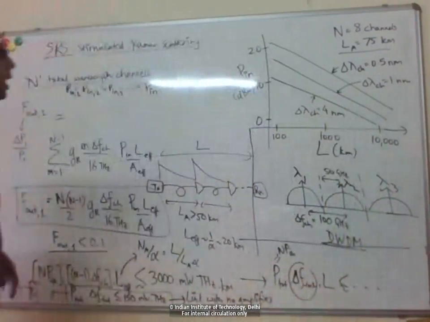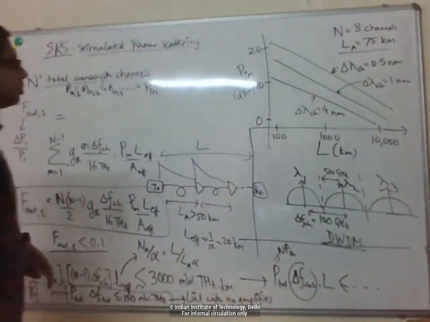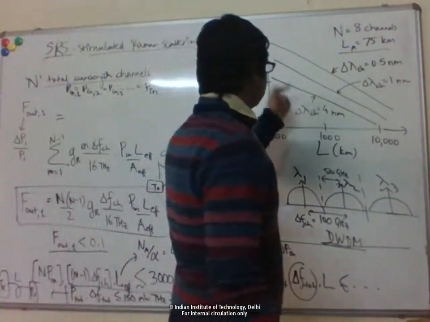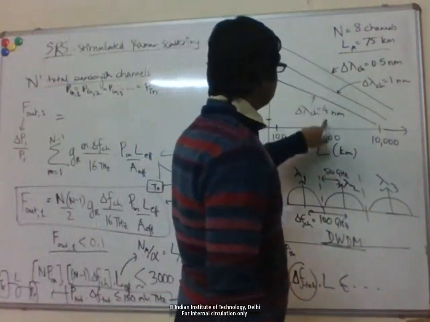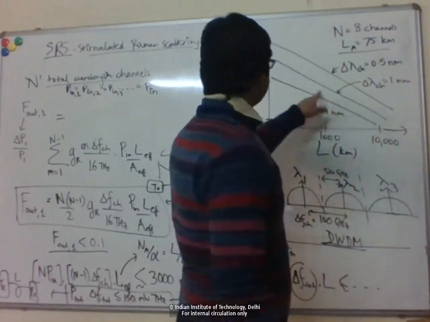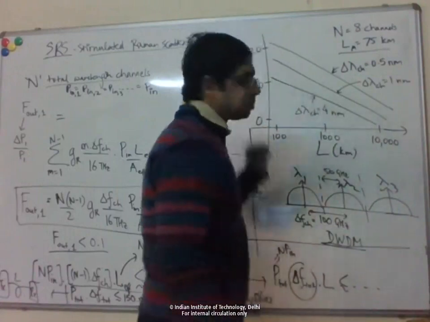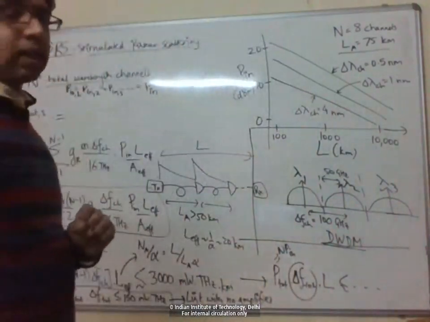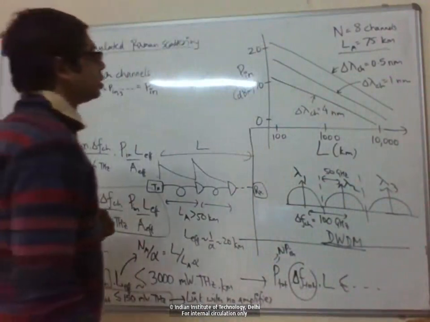So you can see that for the same length, if my channel spacing increases, then I have to send lower power to avoid this Raman scattering induced crosstalk.